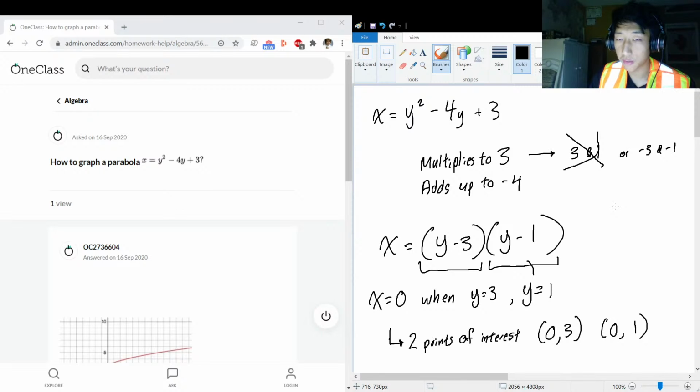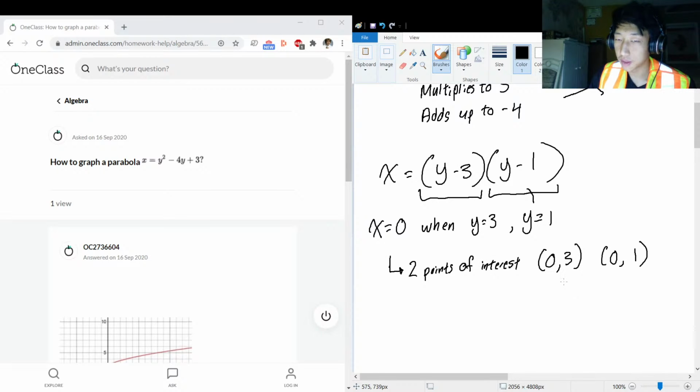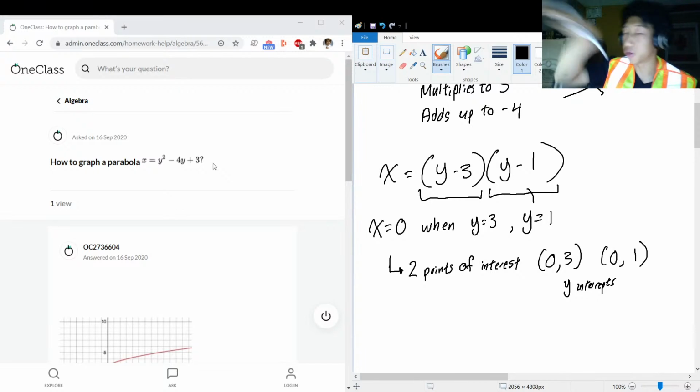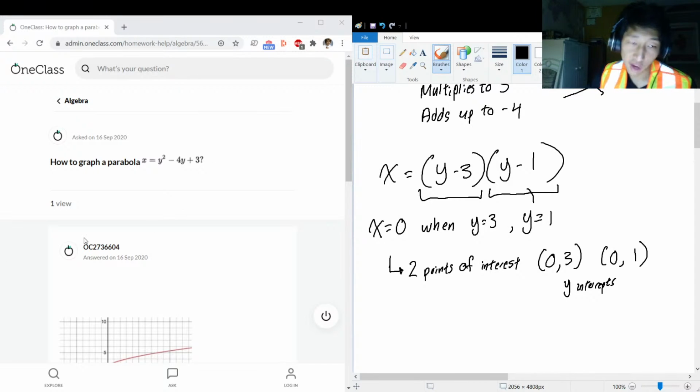We're also going to want to find, we know that these are our 2 y-intercepts. This is basically going to be a parabola, but horizontally shaped, and they actually have a graph of it in the answer.